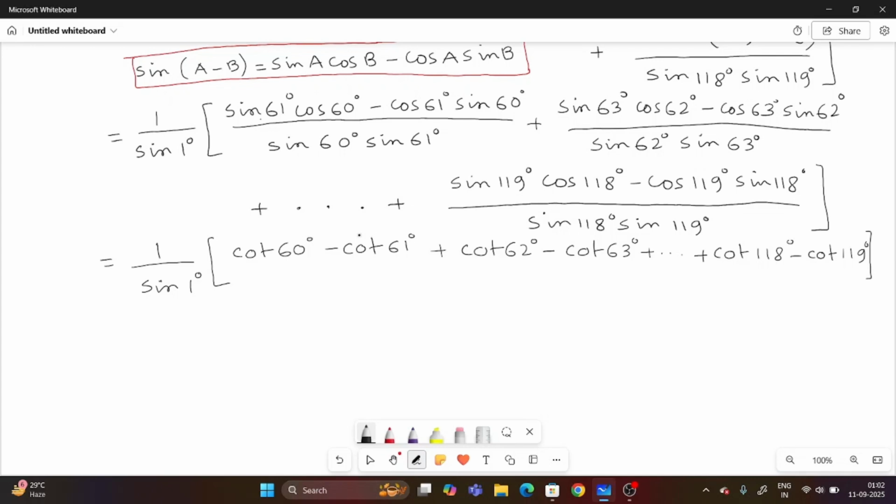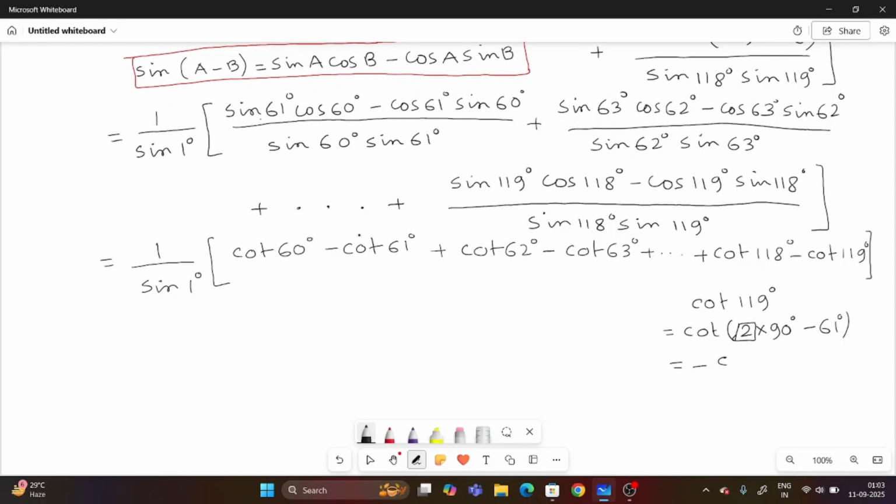Now we can say cot 119 degree can be written as cot (2 into 90 minus 61). Clearly the angle 119 degree lies in the second quadrant where cot is negative, and this is an even multiple of 90 degree.